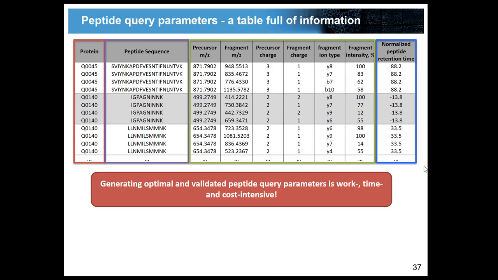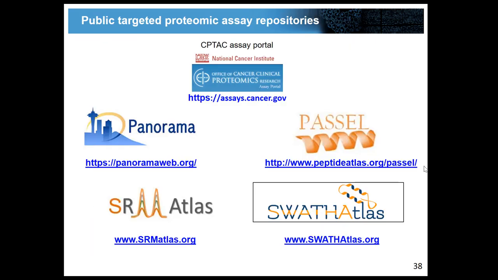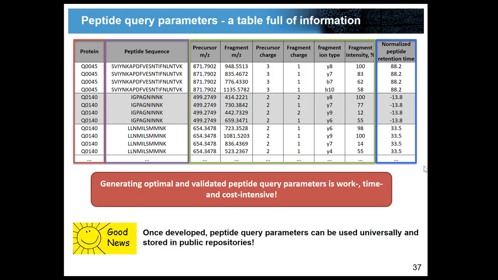So the wrap-up of this third part is that generating these peptide query parameter tables is actually quite tedious. Generating optimal and validated assays is often the most work-, time- and cost-intensive part of a project. However, the good news is that once developed, you can use those parameters quite universally.